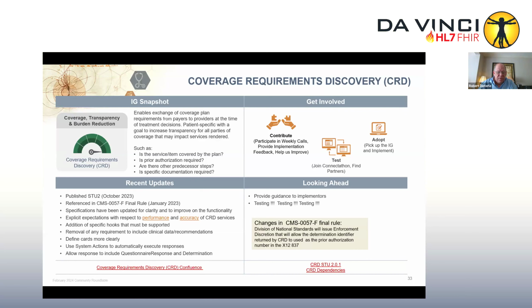They can provide a unique ID that will be the prior authorization number as part of the response in CRD. There's no need to go on through the remaining steps. Next slide, please.